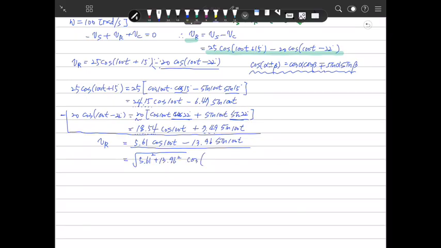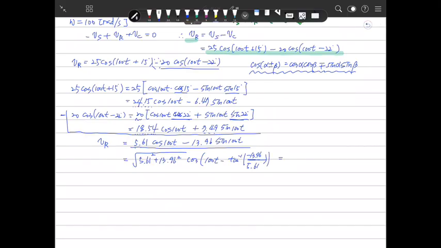And cosine 100t minus arctangent, because this is positive, so we can use it here, of 5.61 over minus 13.96 in this manner.